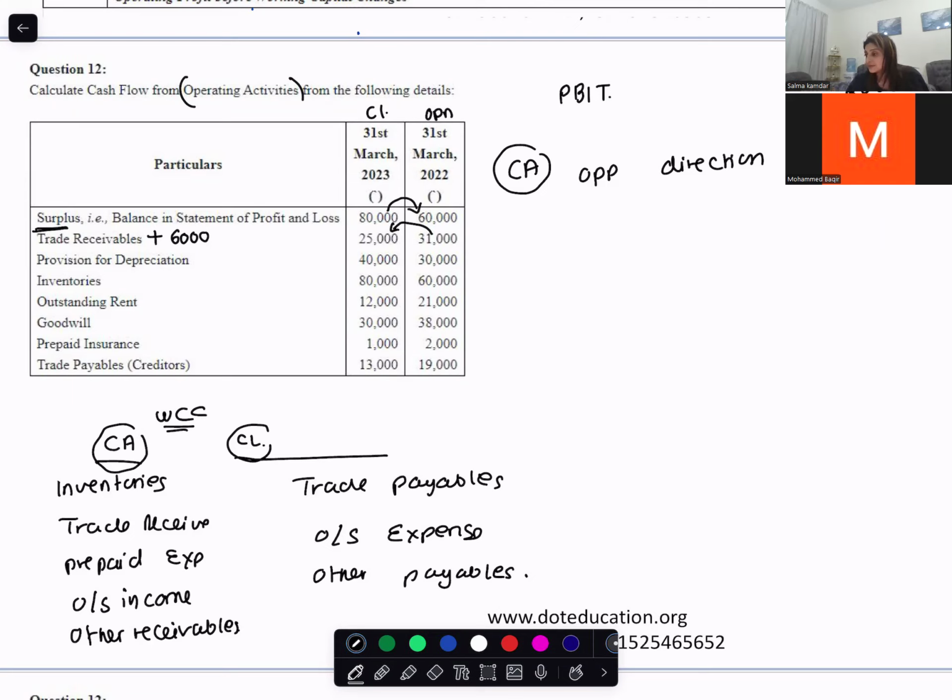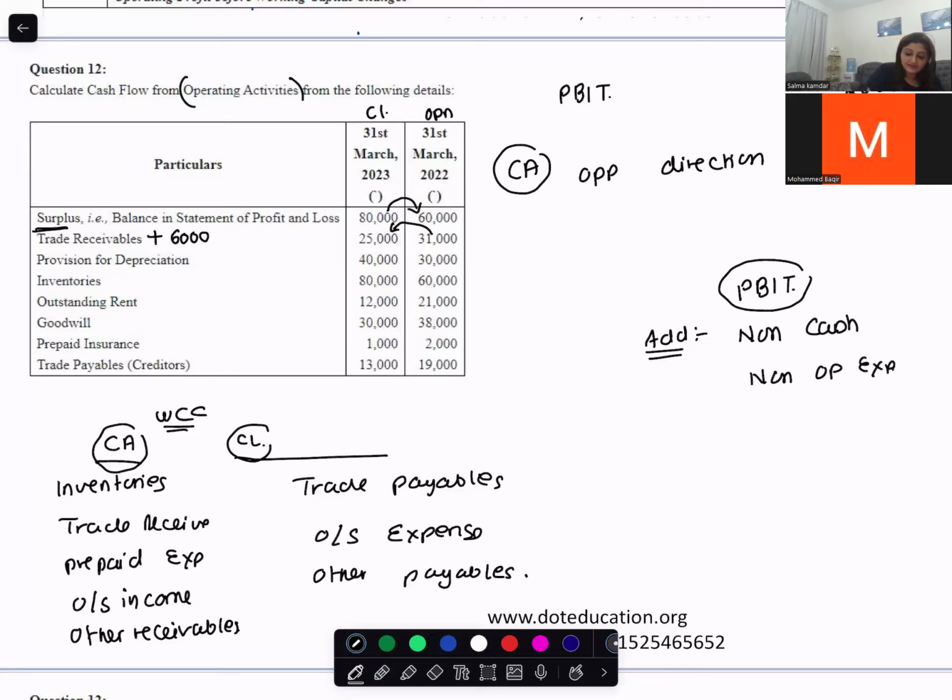How about provision for depreciation? You start with profit before interest and tax. You will add your non-cash, non-operating expenses.